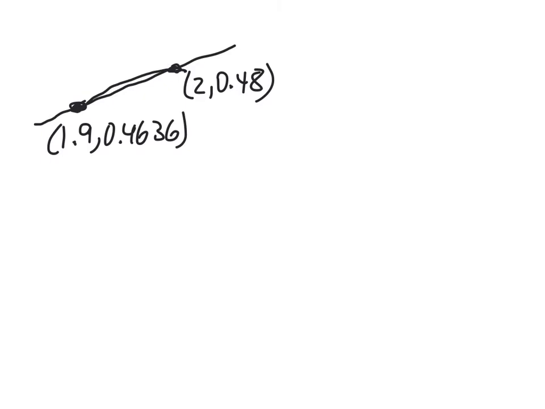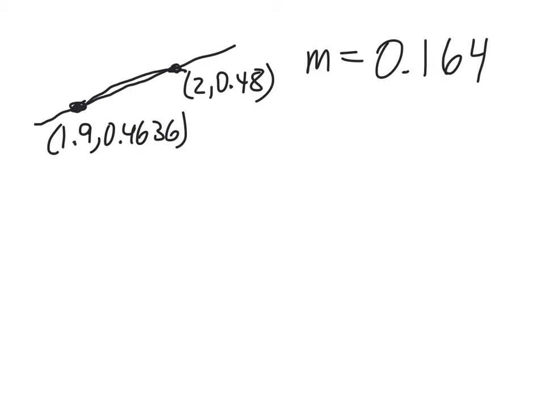So the rate of change, well, we're going to get a pretty good approximation to that slope of the tangent line by using these 2 points. What did we come up with? 0.164? Is that right? Okay.